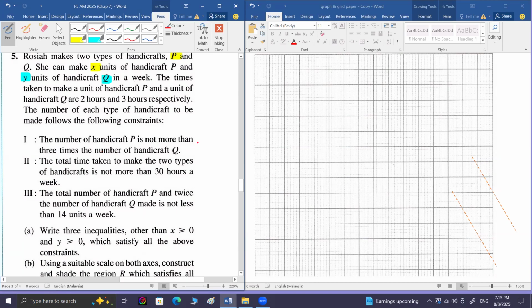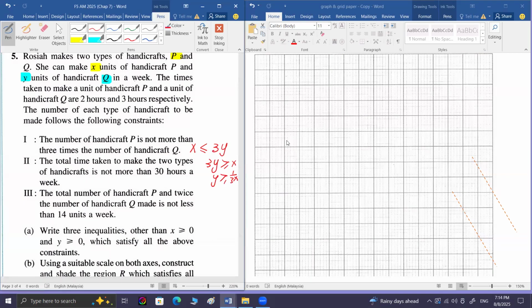X. Okay, X is not more than 3 times Q. Remember what I said: always change the Y to the left and to positive, because sometimes you might be careless and then shade the wrong region. So you turn it to 3Y greater than X, then Y greater than 1 over 3X.